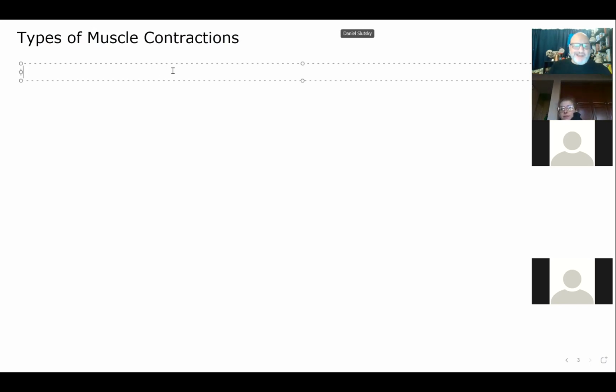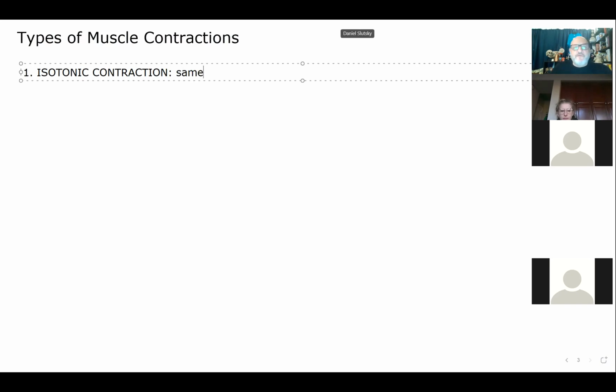So our first type of muscle contraction is an isotonic contraction. There is a lot in a name. What does iso mean? Anyone know what iso means? Equal. Yeah, equal or same.